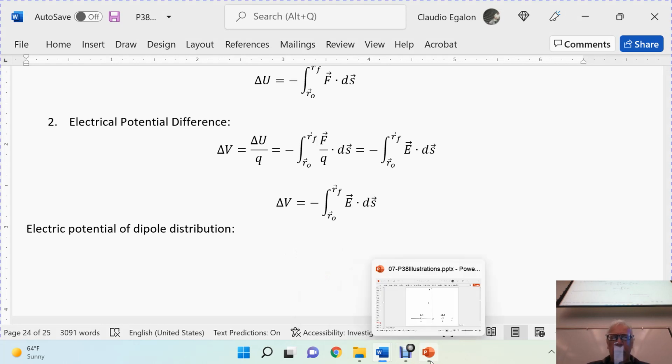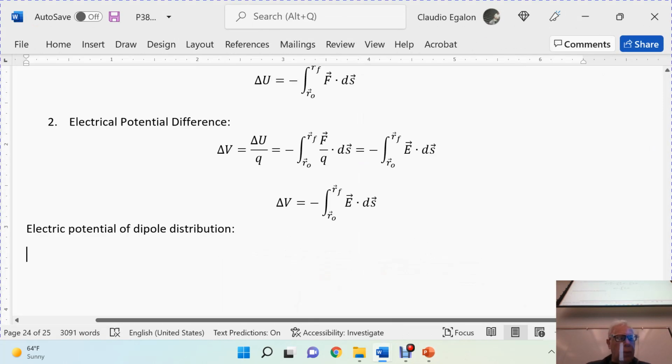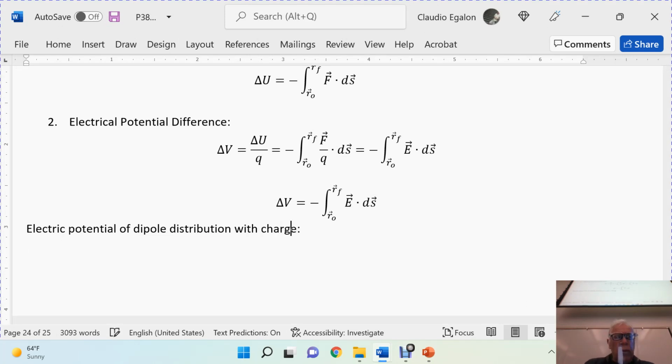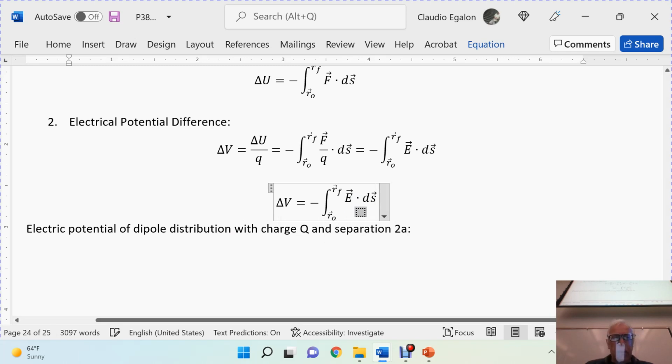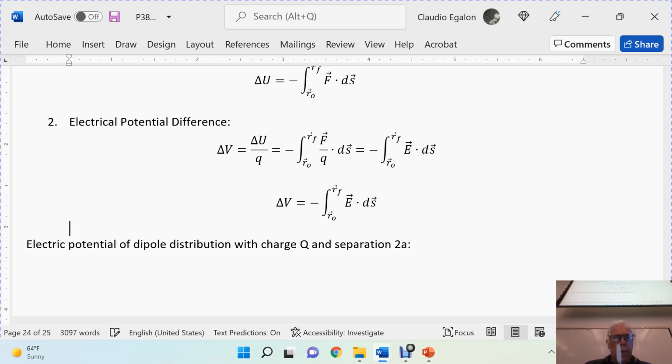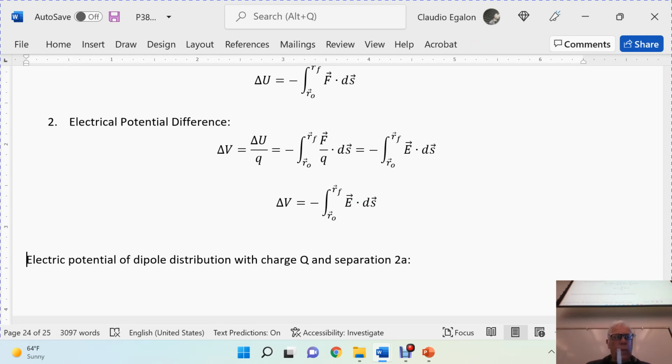Let's see, a dipole distribution with charge Q and separation 2a. Find the electric potential along the y-axis.